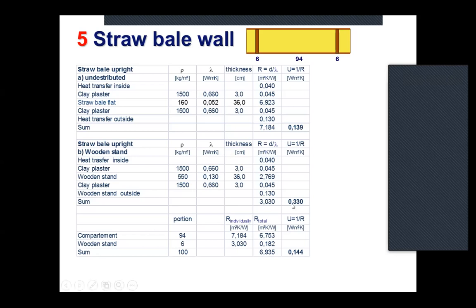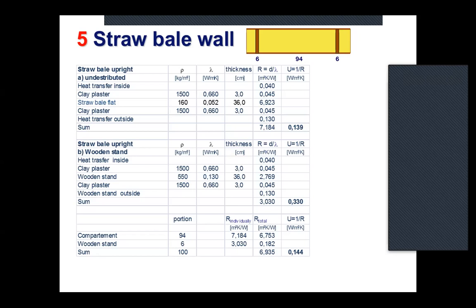So the wood is also a thermal bridge, this wooden stand, because if it were just a wooden stand, we wouldn't fulfill, for example, the requirement for U value, because the minimum requirement is 0.3, and we have now in the wooden stand 0.33. So it's just to see this difference, and how we can put it together.